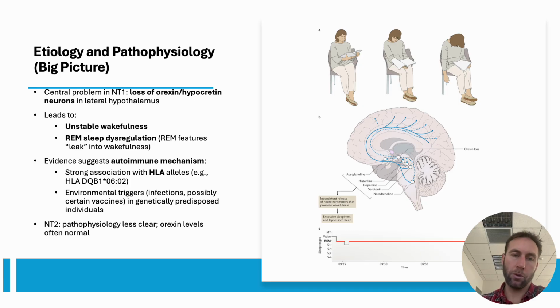While type 2, on the other hand, seems more heterogeneous and is less well understood. So like I was saying earlier, you have all the symptoms of type 1. You just don't have cataplexy, and you do not have orexin or hypocretin deficiency. But you're still falling asleep standing up, and you have excessive daytime sleepiness and other sorts of psychiatric disorders.